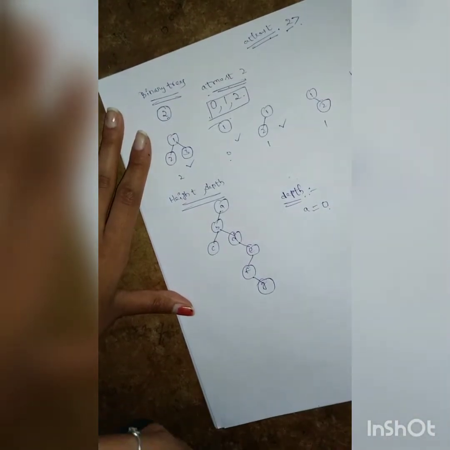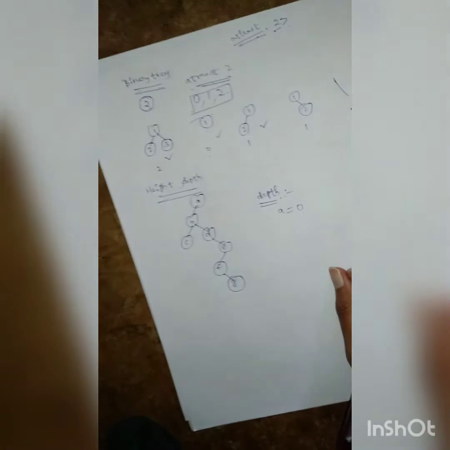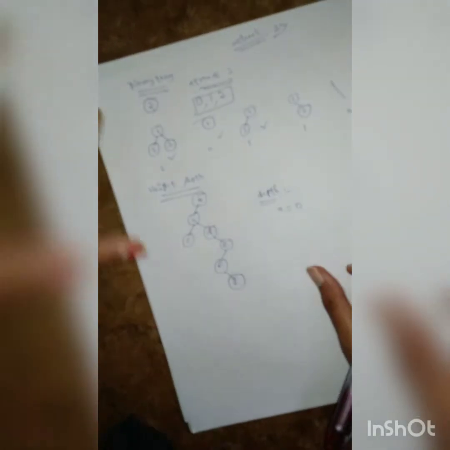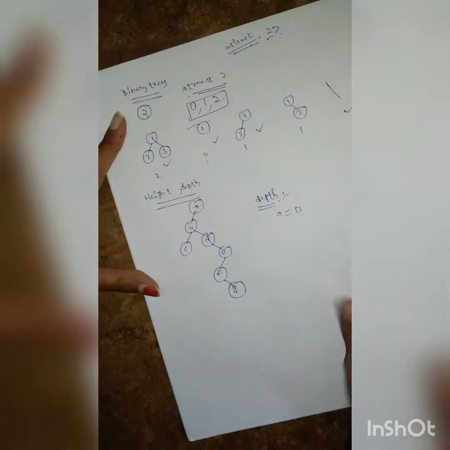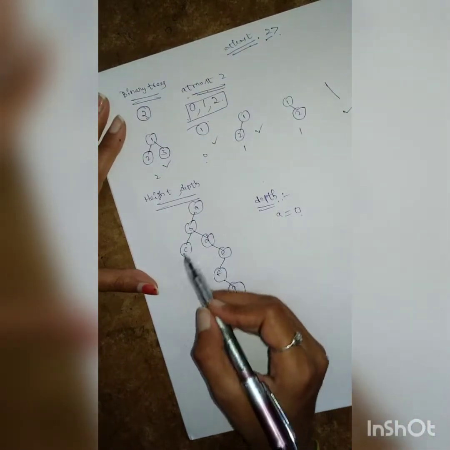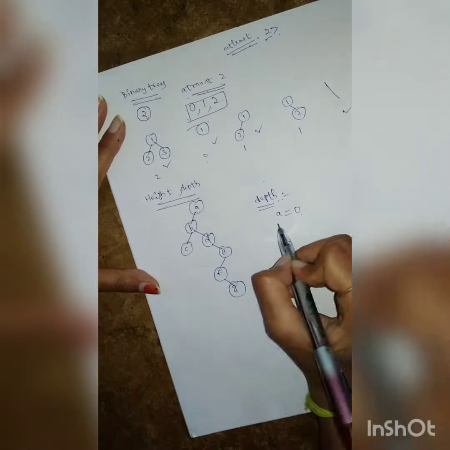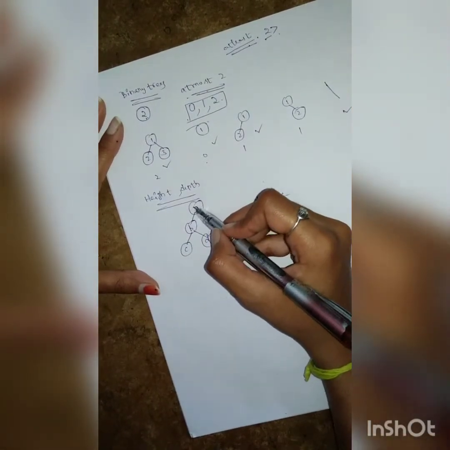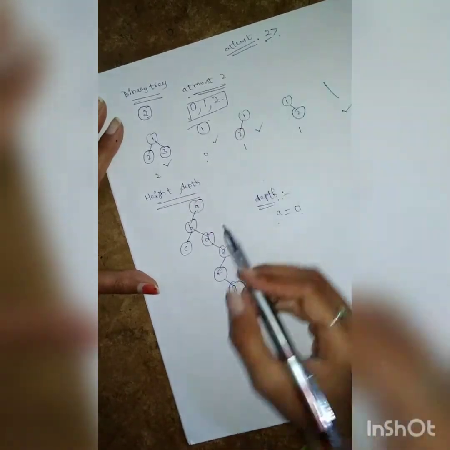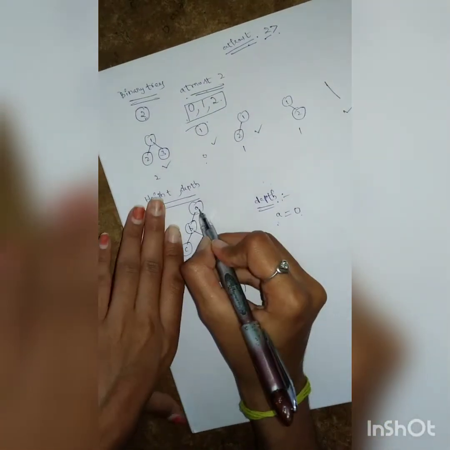Because depth goes backwards, it checks whether the node has any parent or not. So the depth of A is 0.